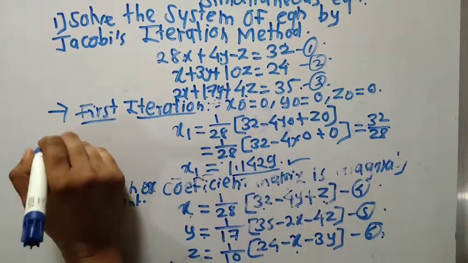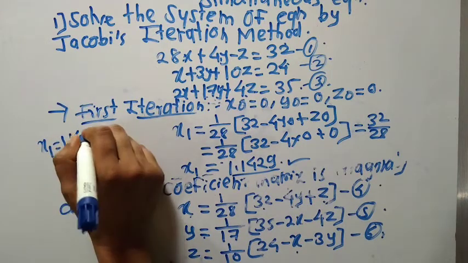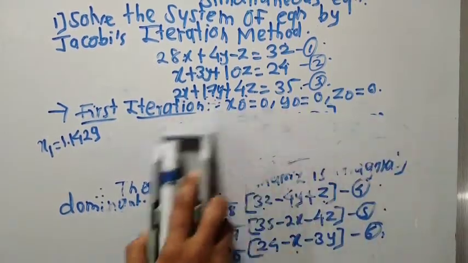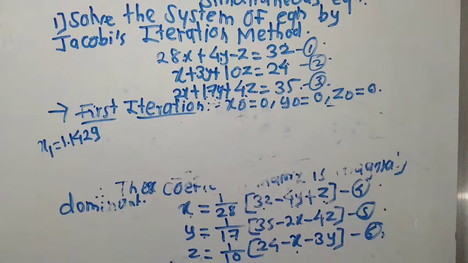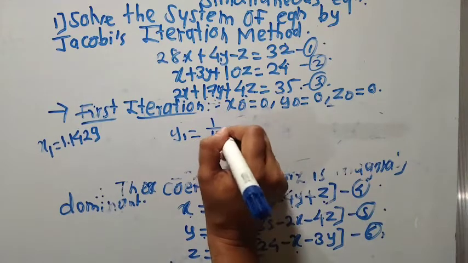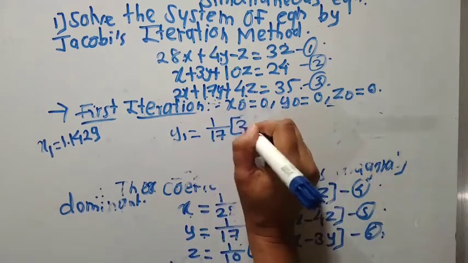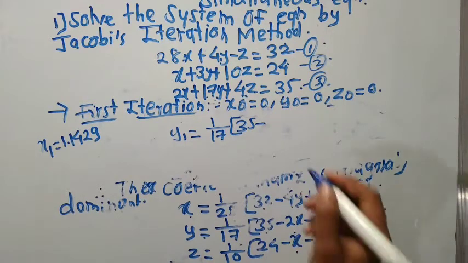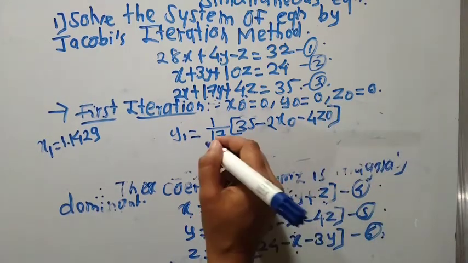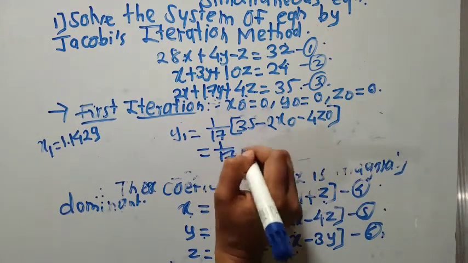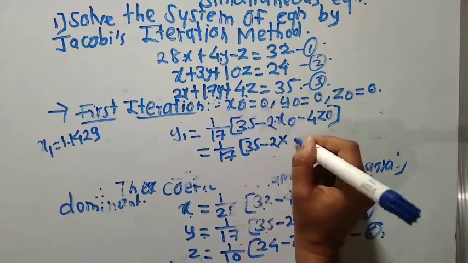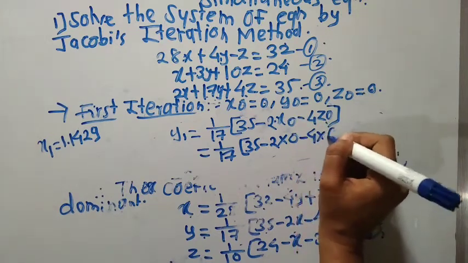Then find out y1. Hence here y1 is equal to 1 divided by 17, 35 minus 2x0 minus 4z0. So put this value: 35 minus 2 into x0, which is 0, minus 4 into z0, which is 0.